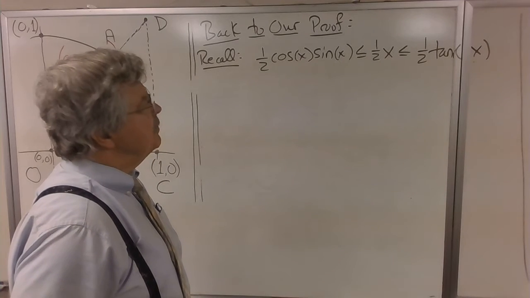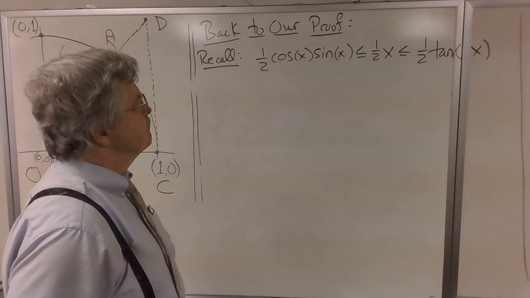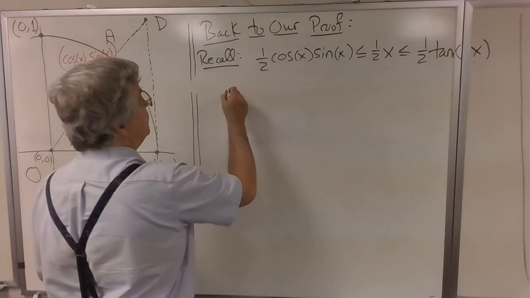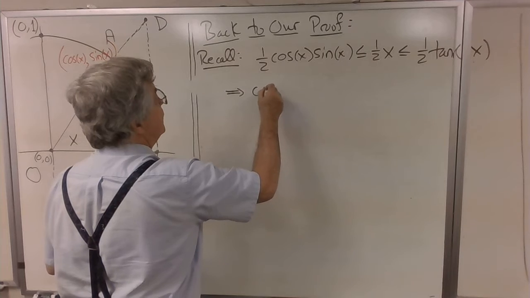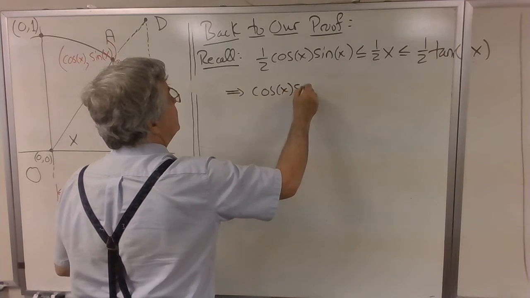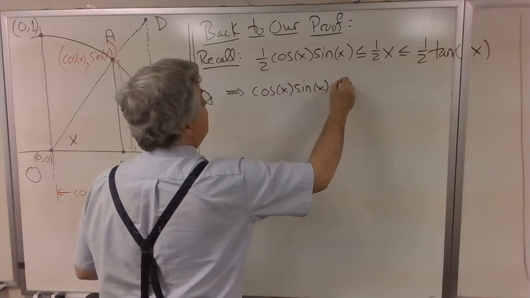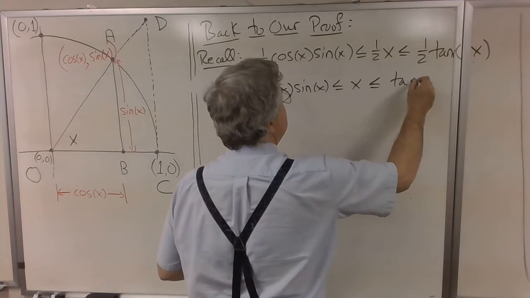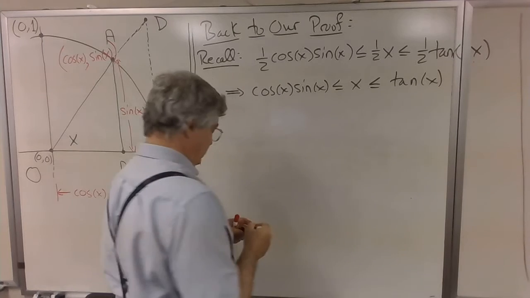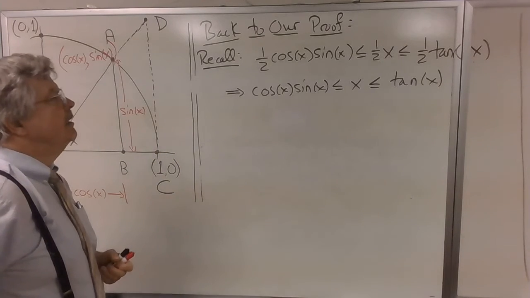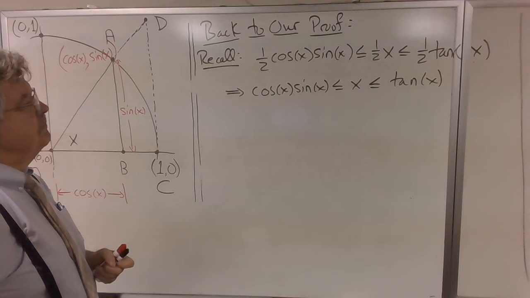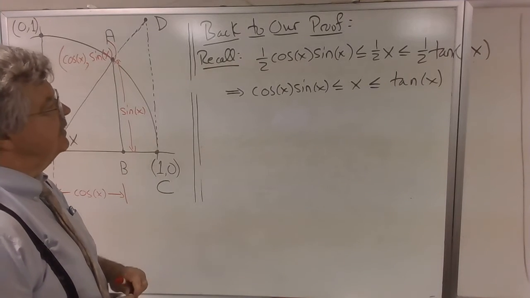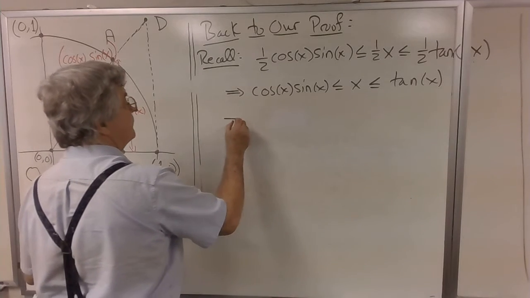Now, I think what I want to do is divide by the 1/2 first of all. So I'll just have cosine of x sine of x less than or equal to x less than or equal to tangent x. And then I think what I want to do is divide both sides by sine of x.